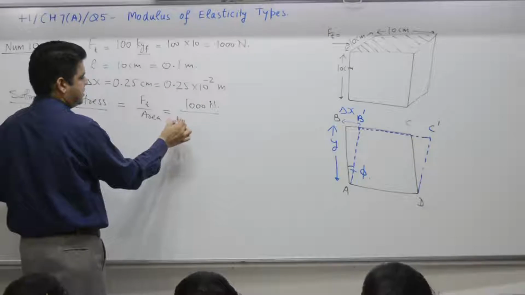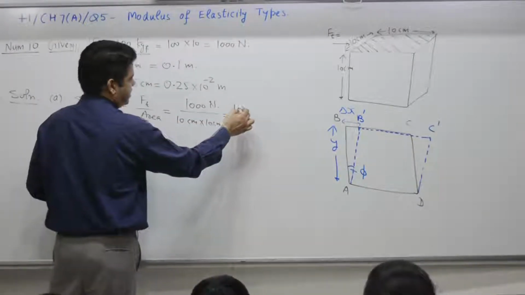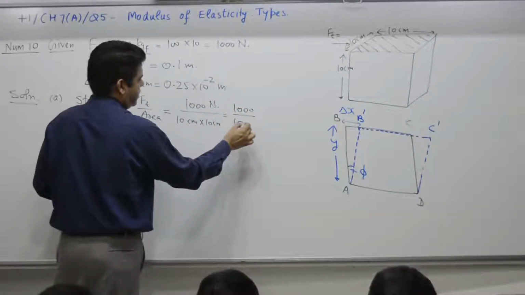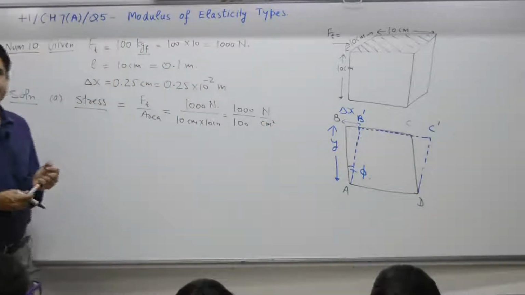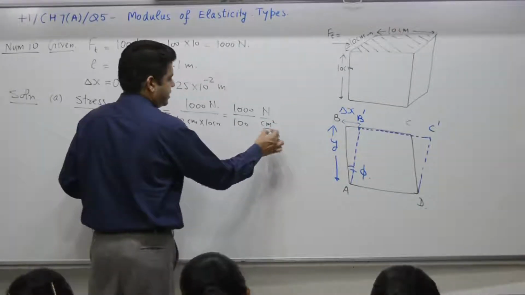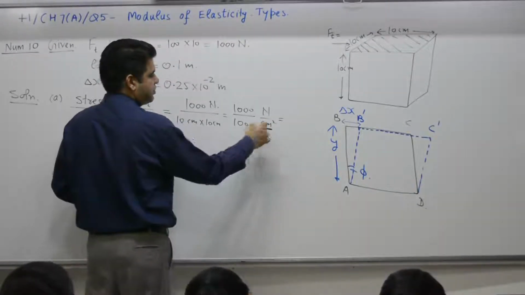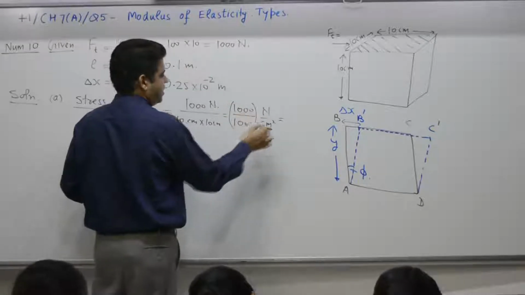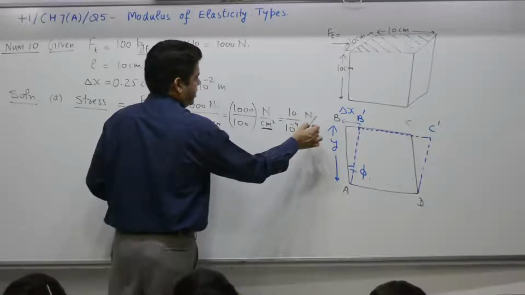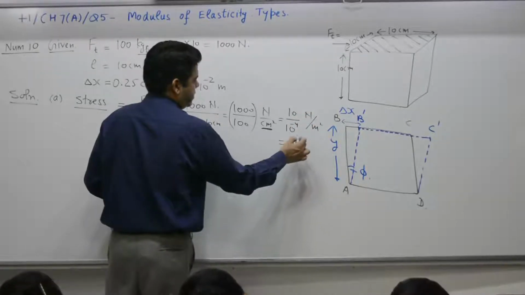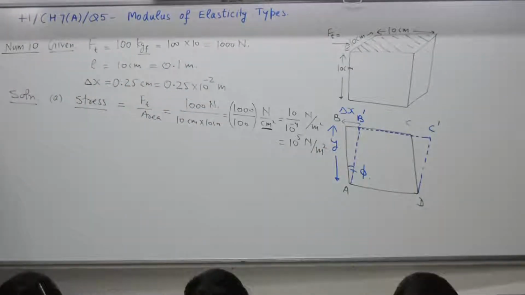Area of the top surface, 10 centimeter into 10 centimeter, so 1000 over 100 Newton per centimeter square. In SI units, this centimeter is 10 raised to power minus 2, so area is 10 raised to power minus 4. This value comes out to 10 divided by 10 raised to the power minus 4 Newton per meter square, which is 10 raised to the power 5 Newton per meter square. First part.